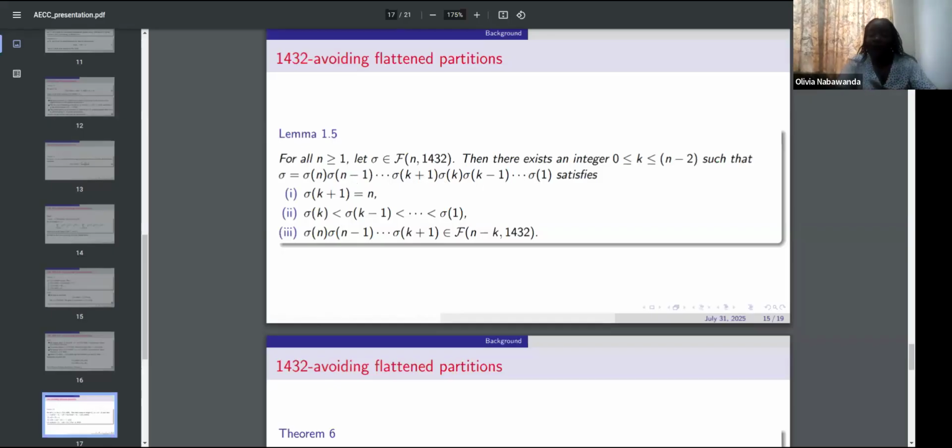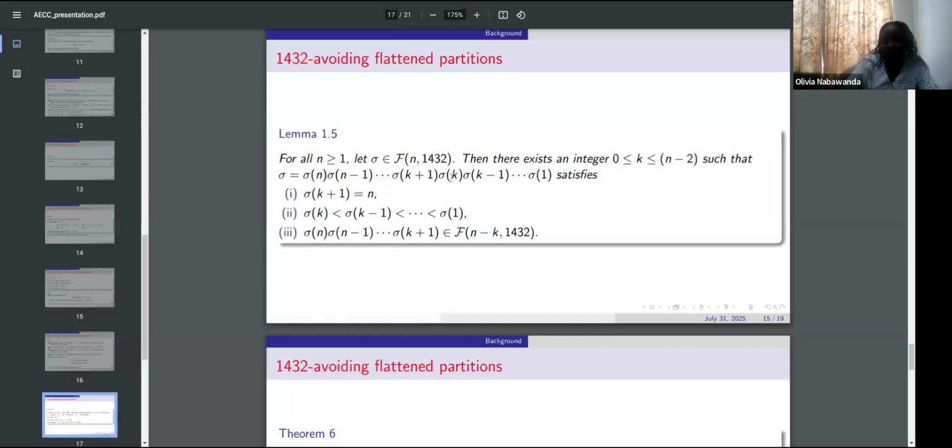So we have an integer k such that this form satisfies sigma of k plus 1 equals n, and then the subword on the right of n is strictly increasing because you're seeing that we have sigma of k being less than sigma of k minus 1, being less than, and so on, up to sigma of 1.